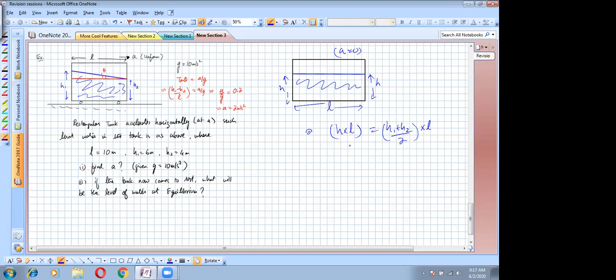So area into depth will give you volume conservation. So this is the second part.